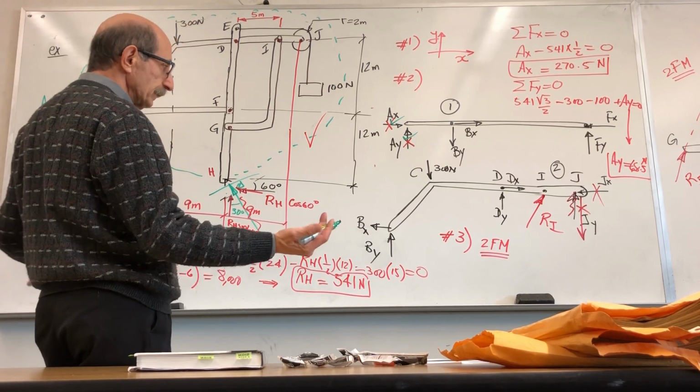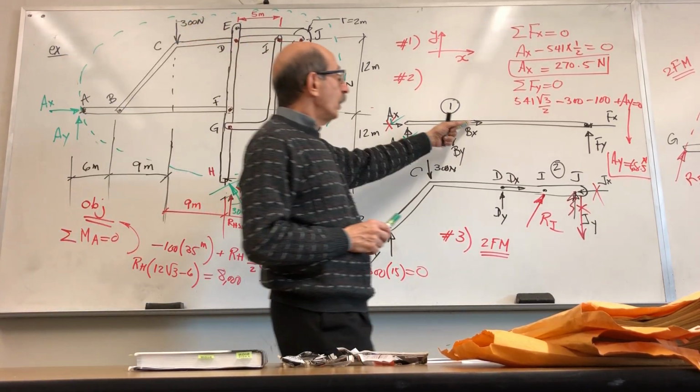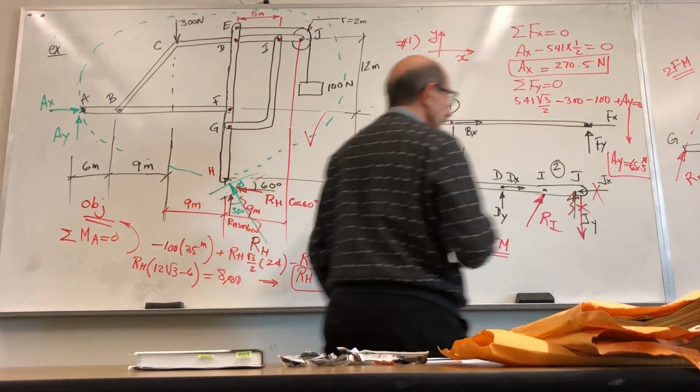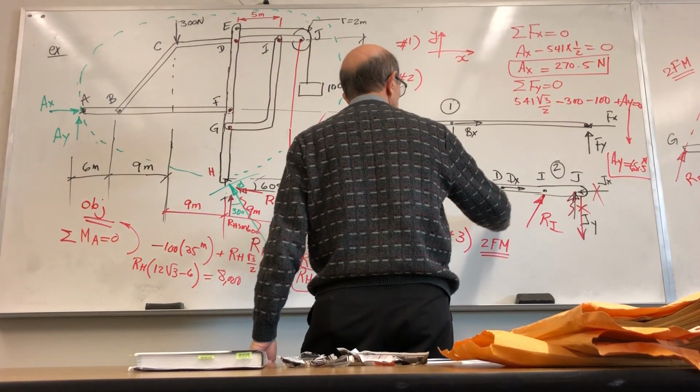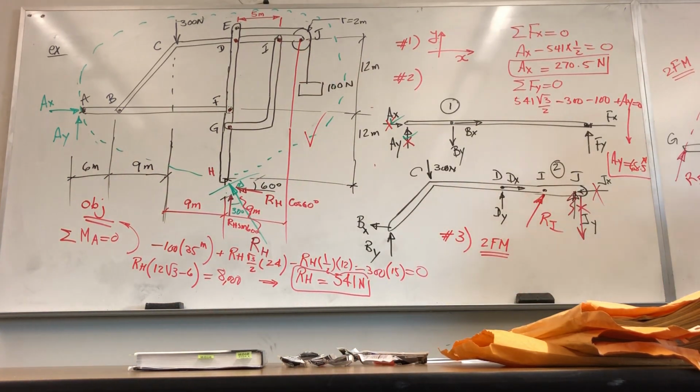Okay, so now let's look at how many unknowns we have left. Again, 1, 2, 3, 4, right? 1, 2, 3, 4. Here, 1, 2, 3, 5. So which one is logical to use?